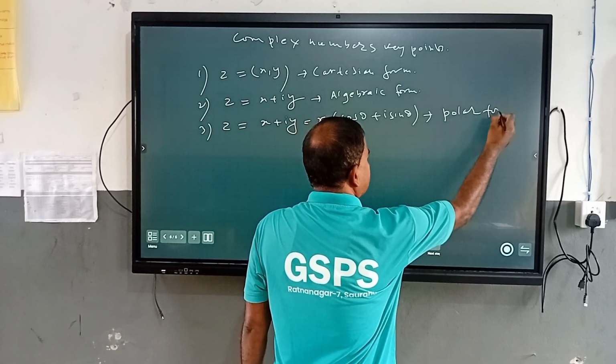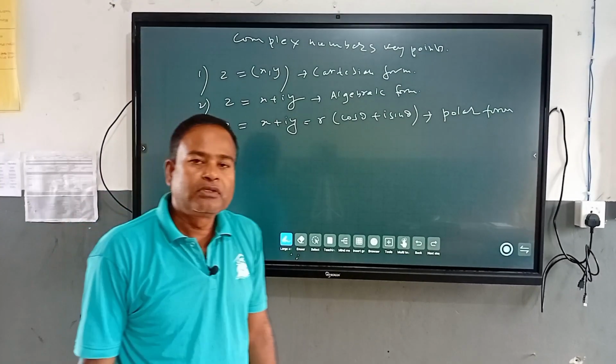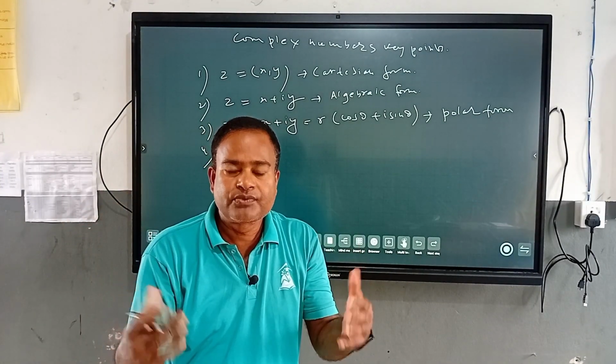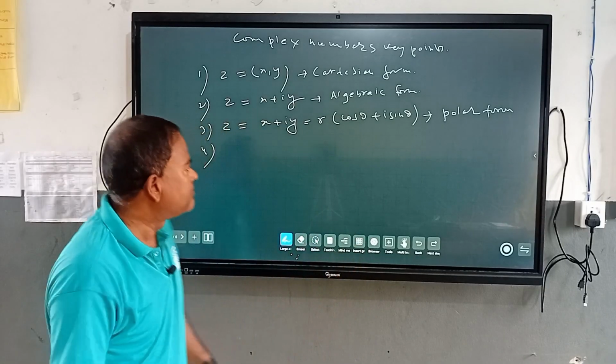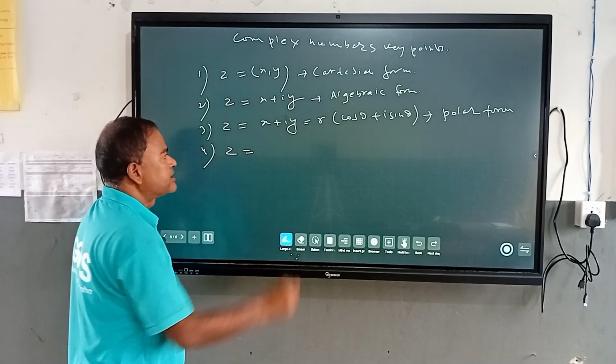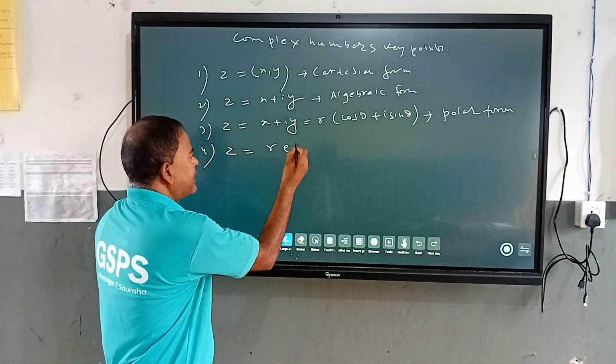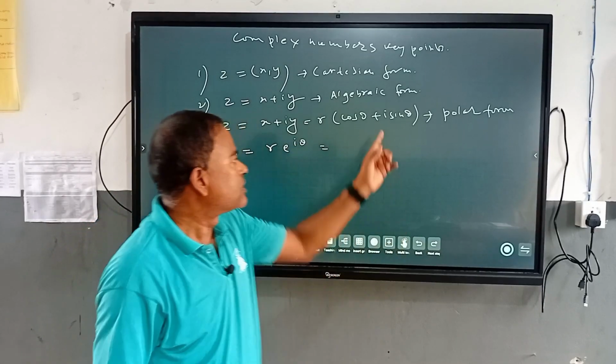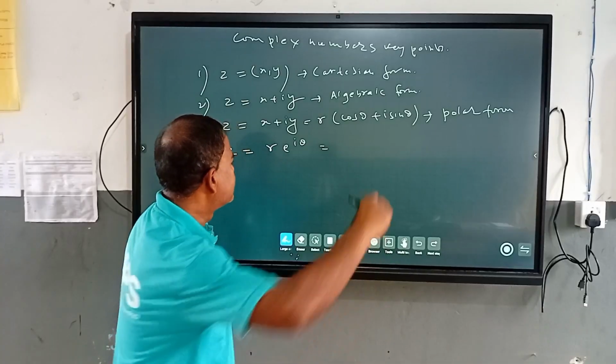Now number 4, a complex number can be written in the Euler's form, which is also known as exponential form. So z equals r e^(i theta), where e^(i theta) equals cos theta plus I sin theta.